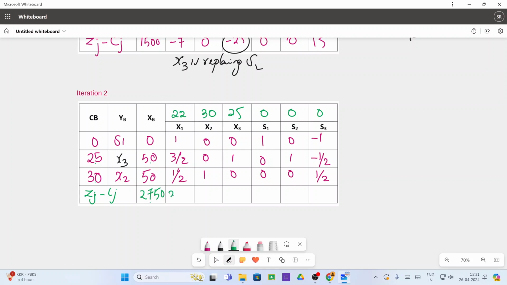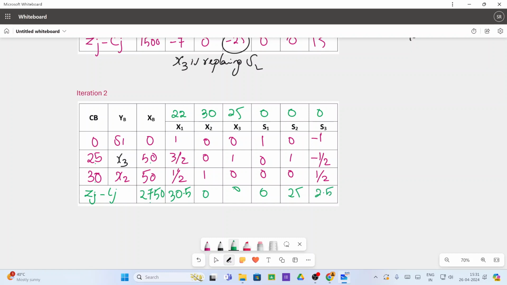And this is going to be somewhere 30.5, and this is going to be 0, and this would also be 0, and this is going to be 0, and this is going to be 25, and this is 2.5.